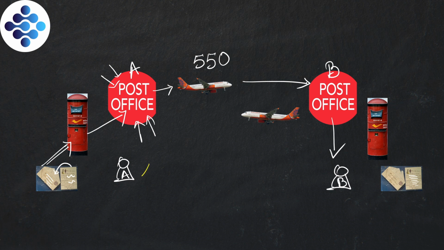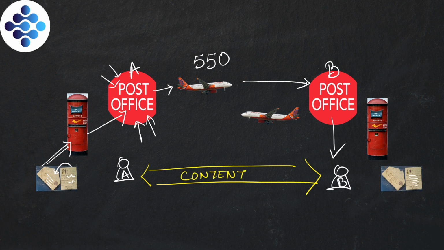From the user perspective, both these users are interested in the content, in what exactly is written in that letter. So they are communicating. For them, this piece of information is important. These post offices would say, okay, I have sent you 550 letters. Even post office B would say, okay, yes, I am also sending say 739 letters.